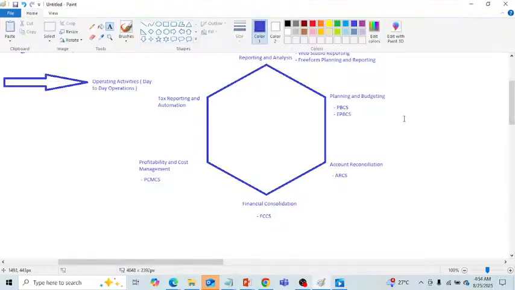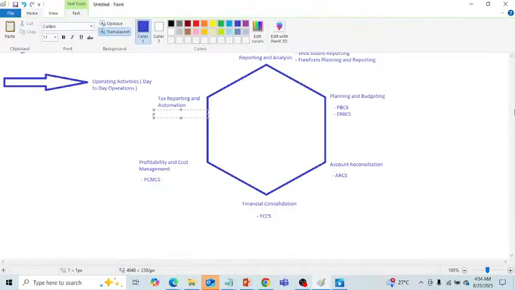And under tax reporting and automation we have TRCS, that is Tax Reporting Cloud Service.